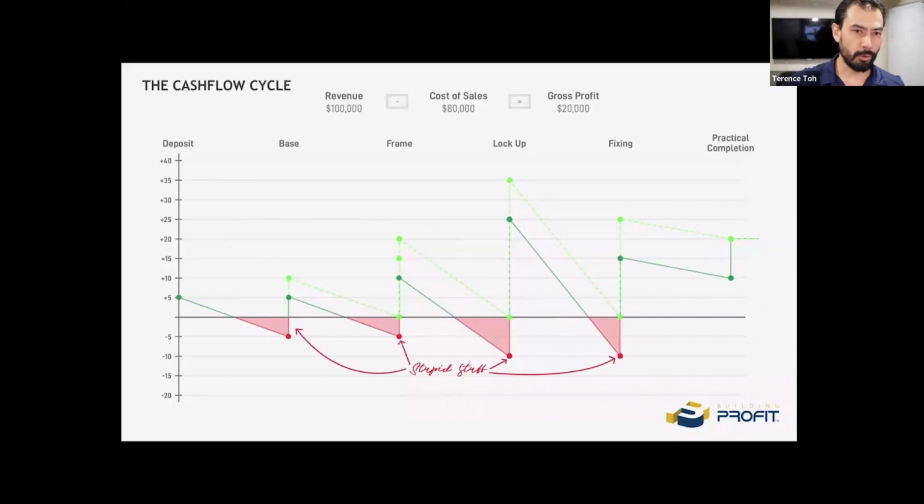So one of the things we avoid if we can structure our cash flow better is stupid stuff happening, right? I've spoken with a lot of builders, and you get to lock-up stage, and there's a rush on, like you do whatever you need to do to get that progress payment. Is that correct, or am I wrong? No, that's correct. Right.